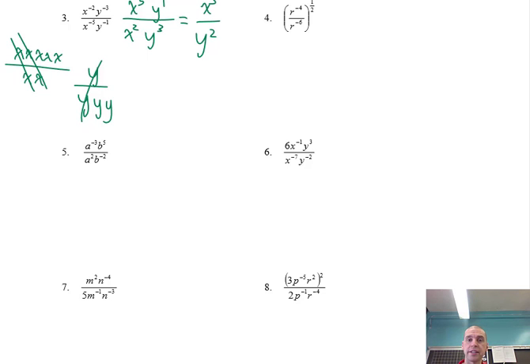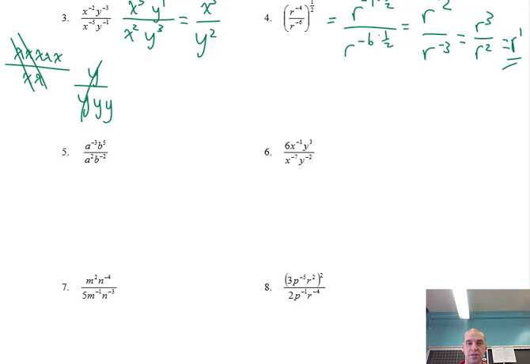Let's try 4 here. An exponent to an exponent, you multiply. So we're going to have r to the negative 4 times 1/2 over r to the negative 6 times 1/2. So I'm going to get r to the negative second, if you do that math out, over r to the negative 3. I flip-flop those, r cubed over r squared, and then 3 minus 2 gives you r to the first.